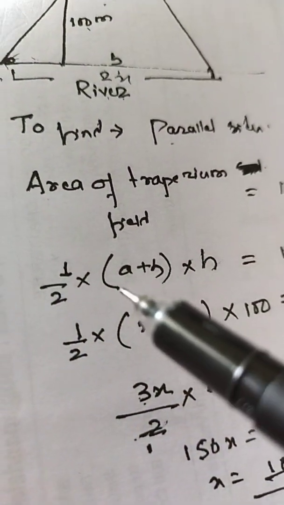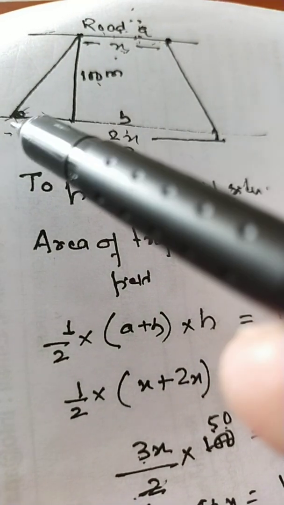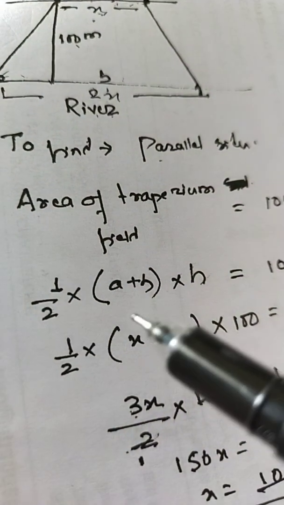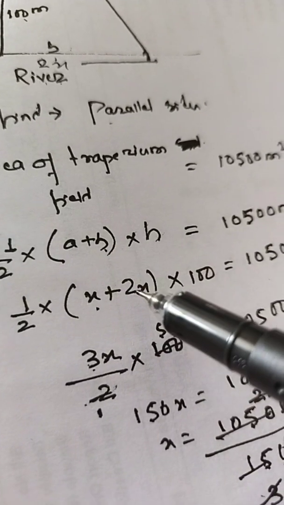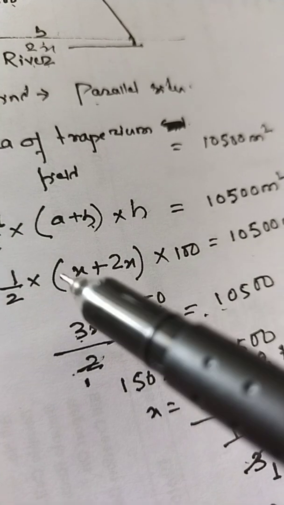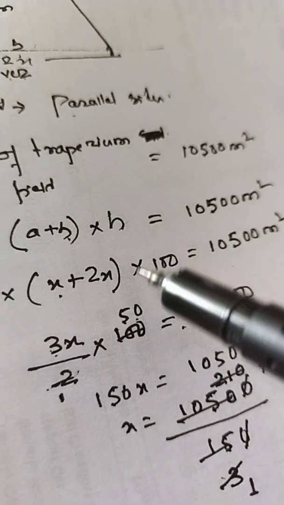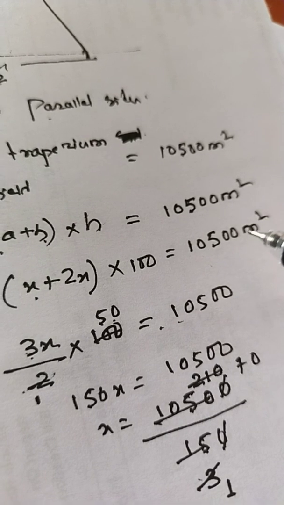I have taken this side as a and this side as b, so the value of a is x and the value of b is 2x. So finally it looks like half into (x plus 2x) into 100 equals 10500 meter square.